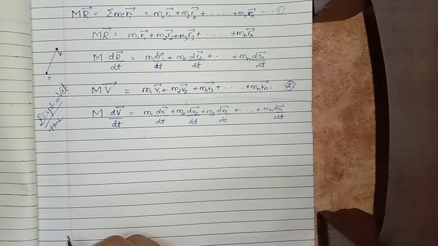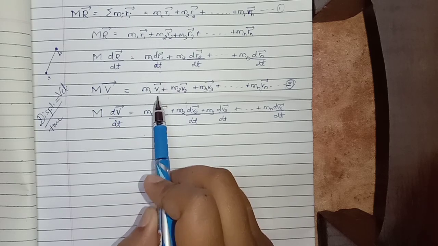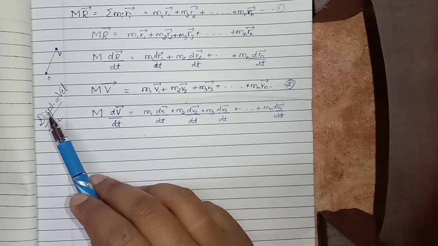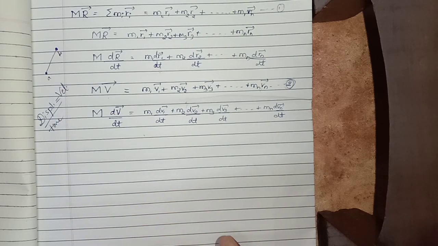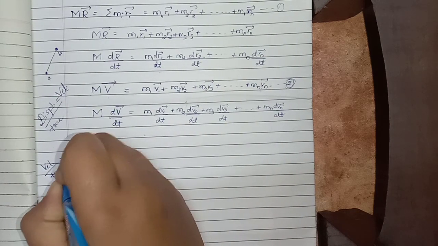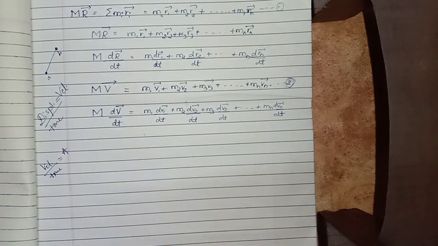As we said, dr by dt was velocity, meaning displacement changing with respect to time is velocity. So the rate of change of velocity with respect to time is acceleration.